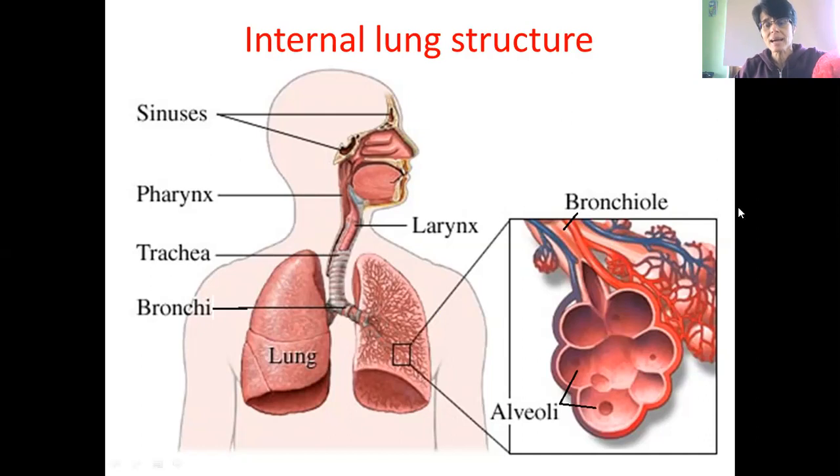At the same time, deoxygenated blood coming from the body, that carbon dioxide will be in high concentration in these blood capillaries, and then it will diffuse from the blood capillaries, like over here, and into the air sacs, and then you exhale the air containing carbon dioxide.